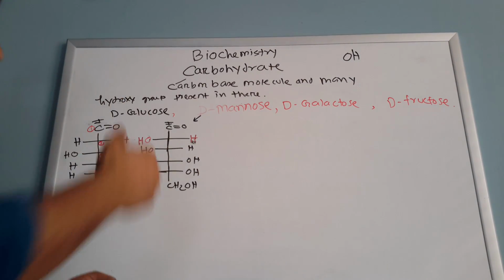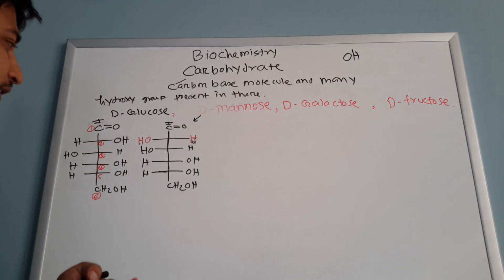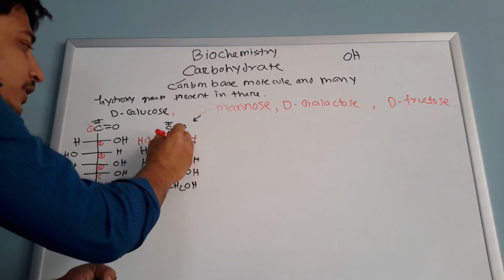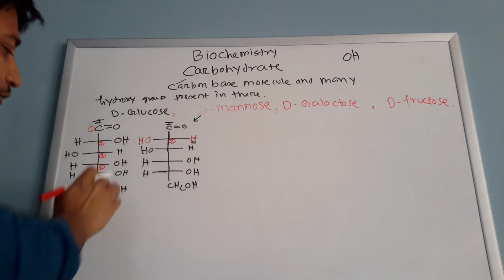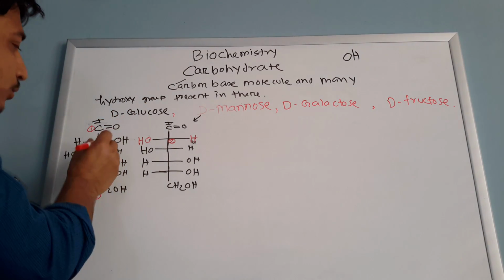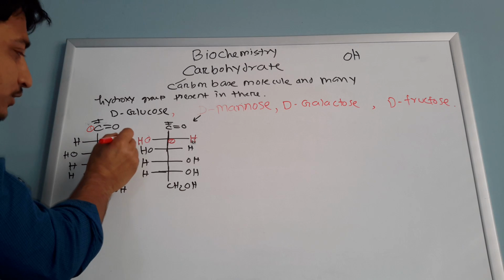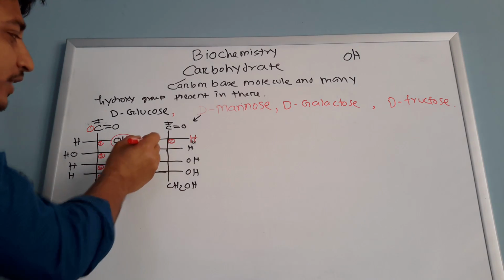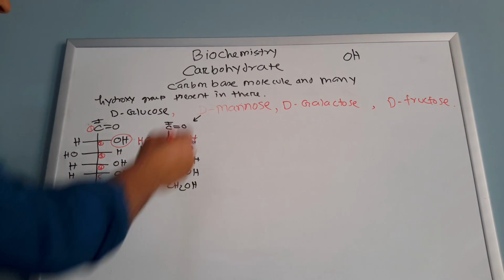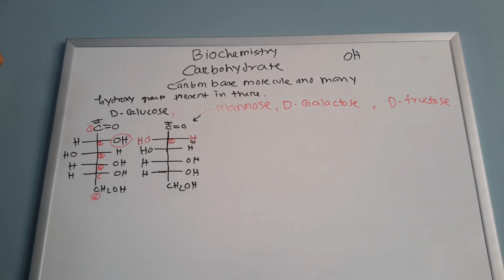Okay, what is the difference you can see? The only difference is at carbon number 2. Before, in D-glucose, OH is on the right side. You see that this OH is on the right side, but in D-mannose OH is on the left side.